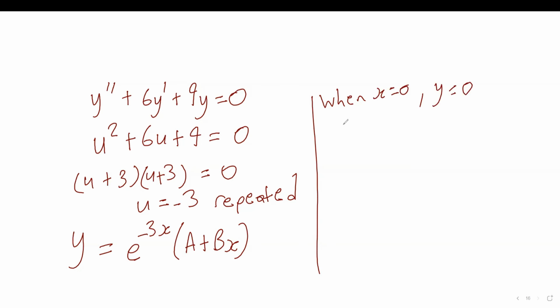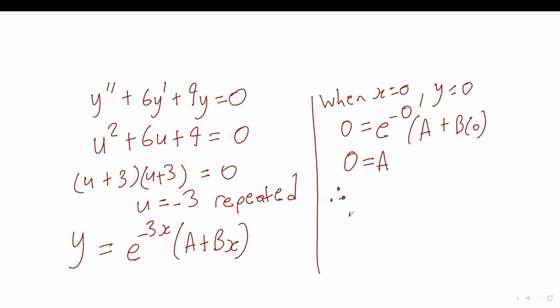So that means 0 is equal to e to the minus 0, because 3 times 0 is 0, times A plus B times 0. Now e to the minus 0 is 1, because e to the 0 is 1. E to the power 0 is 1. 1 times A is A. So that means that A equals 0.